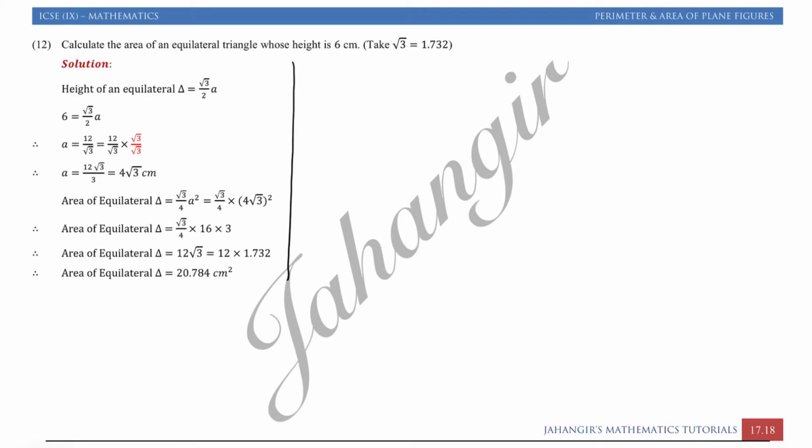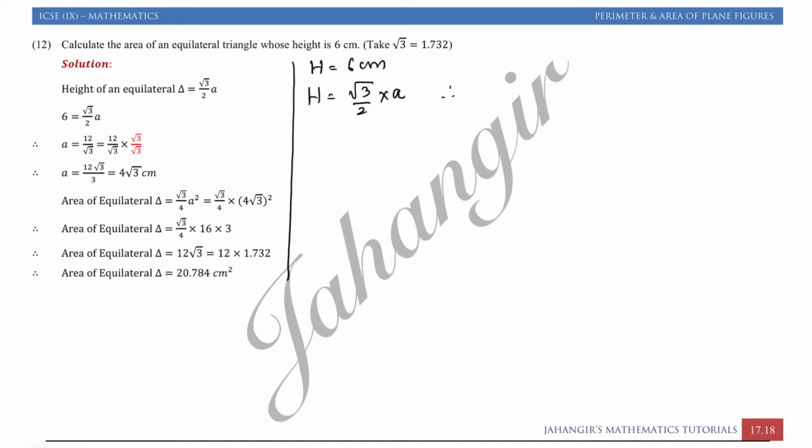Calculate the area of an equilateral triangle whose height is 6 centimeter. So first, with height h given as 6 centimeter, we can write h is equal to root 3 by 2 into side.